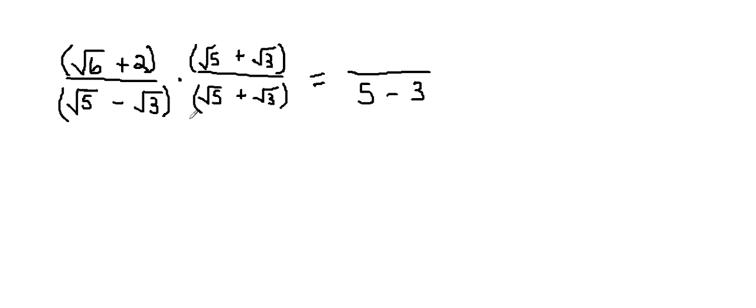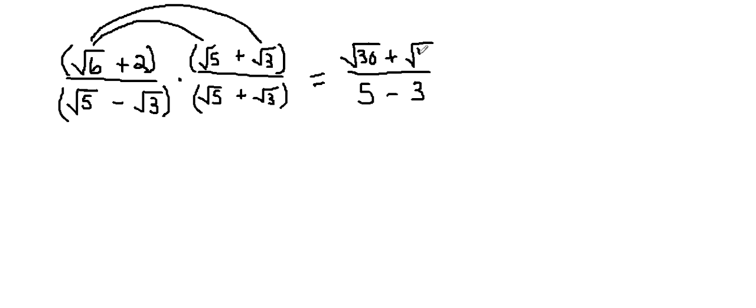And then I'm going to FOIL this thing up here. Square root of 6 times the square root of 5 is the square root of 30. Outside is the square root of 6 times the square root of 3, which is the square root of 18, plus the inside, which is 2 times the square root of 5, which is 2 square root of 5.